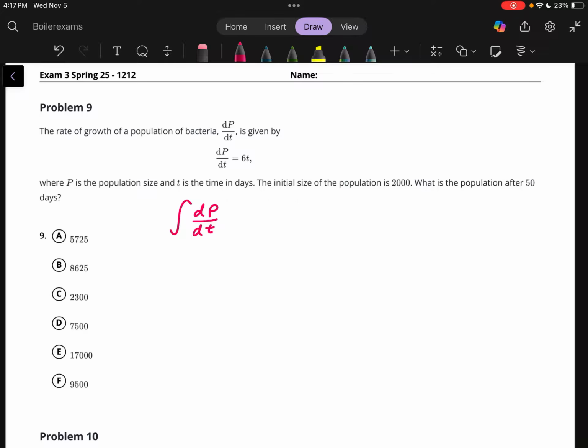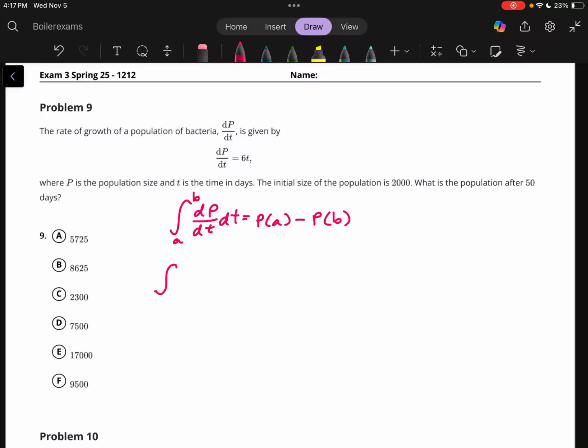It's not just taking the antiderivative of 6t. So the integral is bounded, and the integral from a to b of dp/dt dt is equal to p of b minus p of a. I'll talk about an easy mistake we could make with this. This is basically the fundamental theorem of calculus.